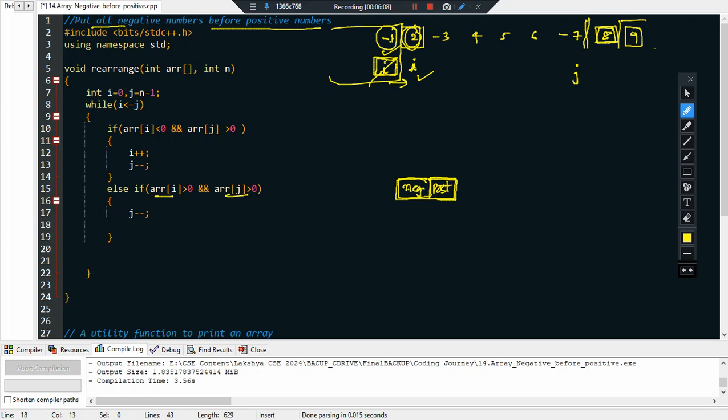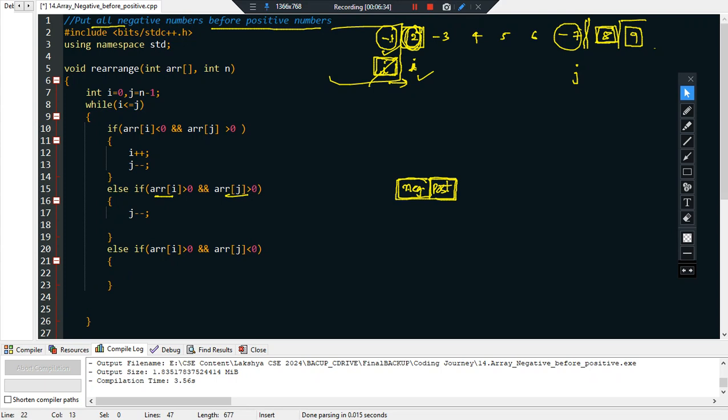So if we come across a condition where i is pointing to a positive element and j is pointing to a negative element, what should be done? So again we have another statement for that. Else if array of i is pointing to a positive element, which means if array of i is greater than 0, and at the same time array of j is pointing to a negative element, less than 0, so we know that they are actually in their incorrect places, isn't it?